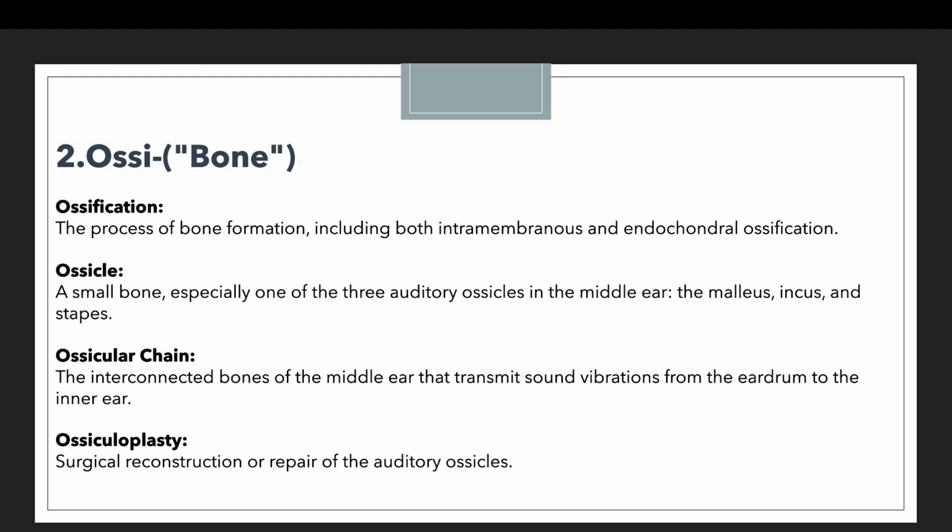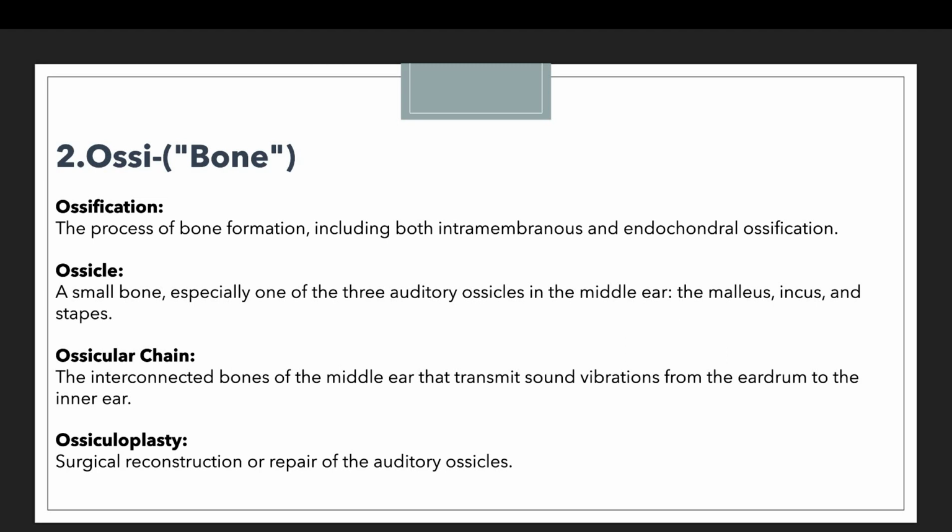Likewise, the second example is ossicle. What is an ossicle? It's a small bone, especially one of the three auditory ossicles in the middle ear: the malleus, incus, and stapes. So this small type of bone is defined with the help of the medical terminology ossicle.